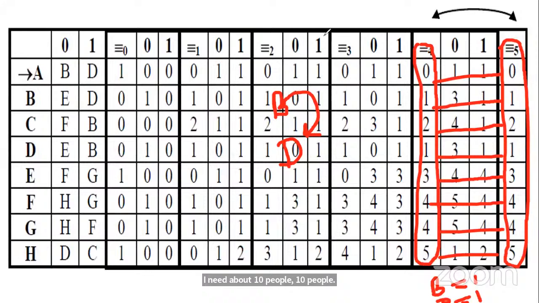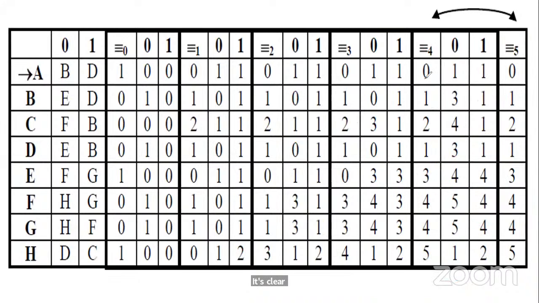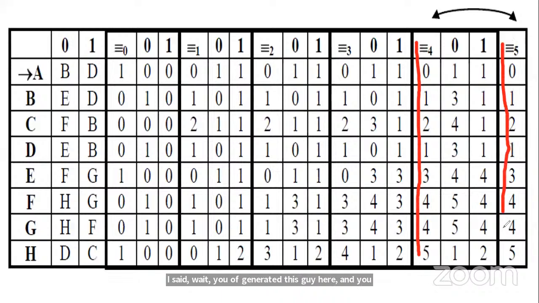Here's what I'm saying. It's clear. I want to clear all that. Now, when you have generated this guy here, and you also generate this guy, and you understand how we came about this generation, you look at this pattern 0, 1, 1.